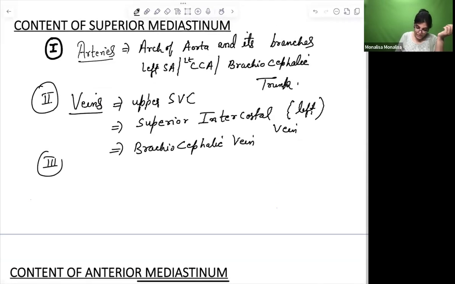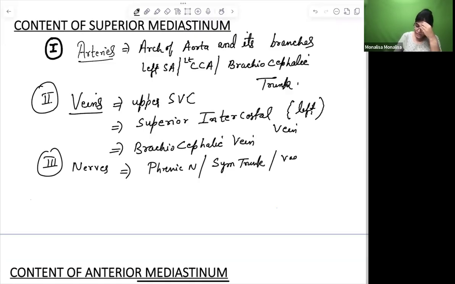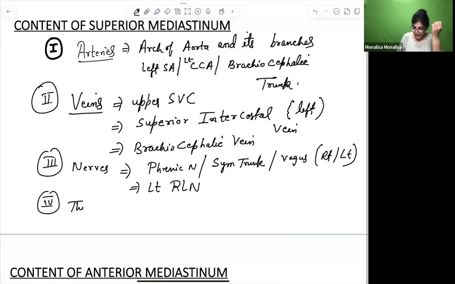What about nerves? Quickly write down the nerves: the phrenic nerve, sympathetic trunks, the vagus nerve of both right and left side, and only the left recurrent laryngeal nerve. We also have the thymus gland, the thoracic duct, esophagus and trachea as contents.